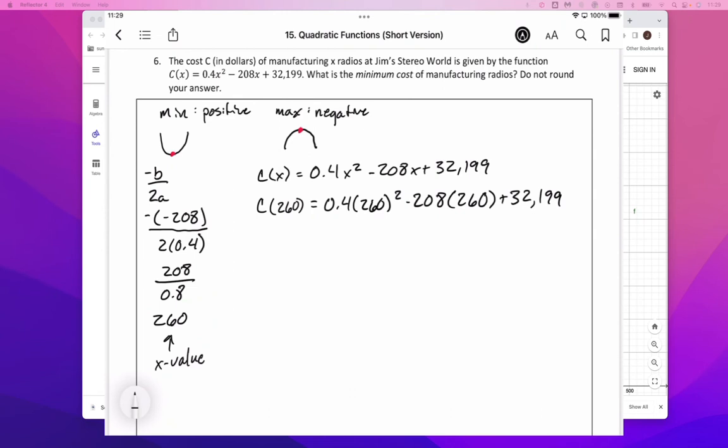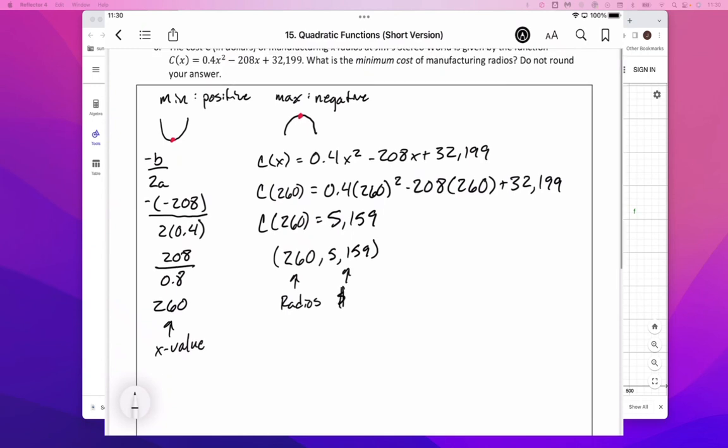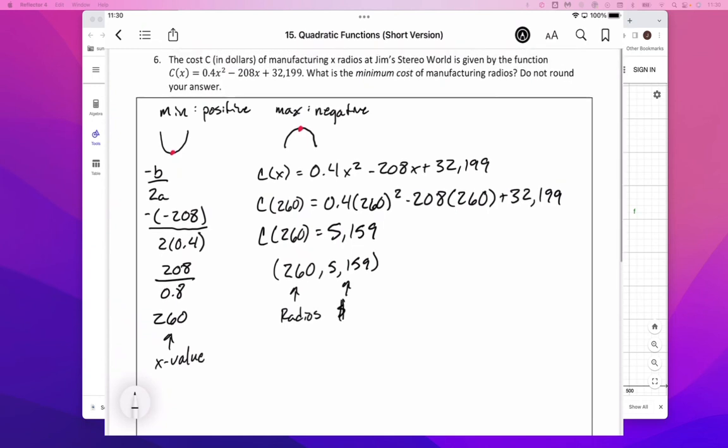And so by throwing this into a calculator, I've got the cost of 260 radios is equal to $5,159. So if we were to call this an ordered pair, it would be 260 radios at $5,159 is the lowest cost that this company can possibly have.